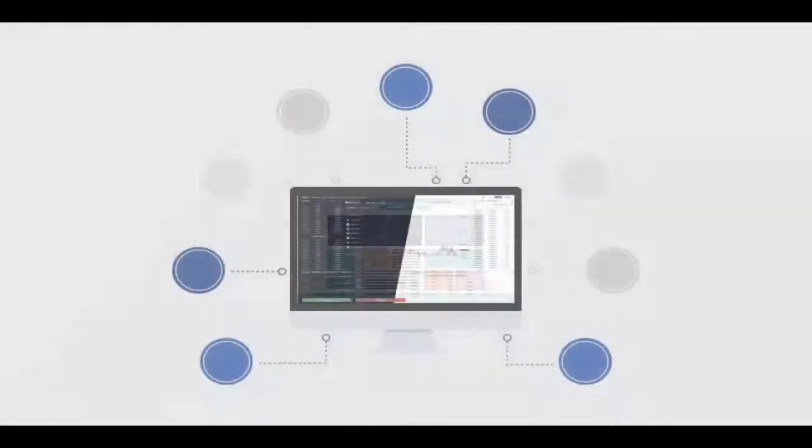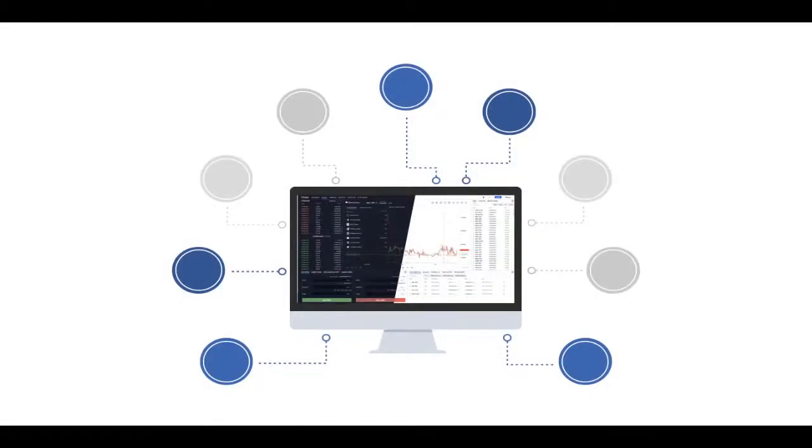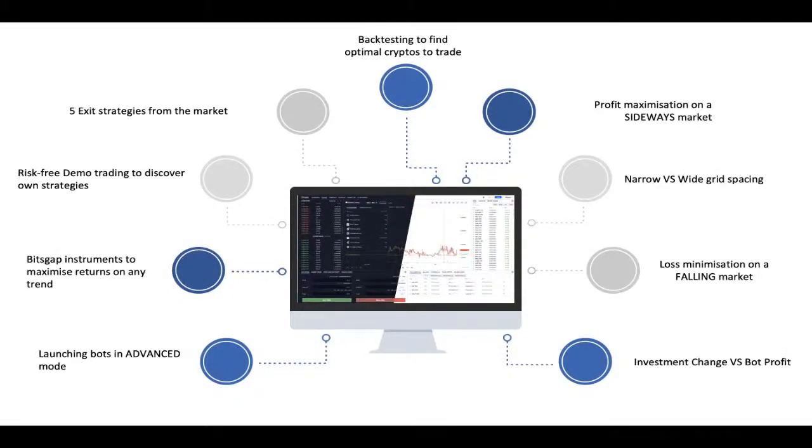So let's start. On previous webcasts, I focused mainly on 5 exit strategies from the market, how to launch the bot, what makes the investment change different from the bot profit, and we also covered some tips and clues, some use cases. But today I want to focus mostly on what makes the classic bot different from the Asbot, and most importantly, what are the optimal strategies at current market.